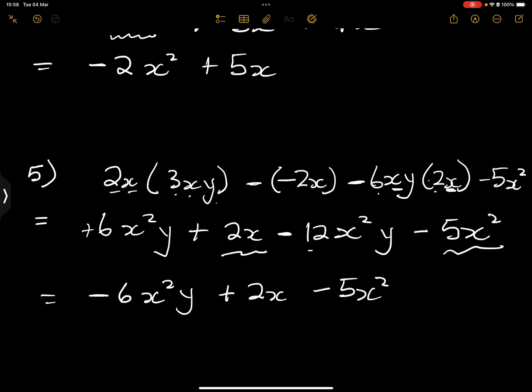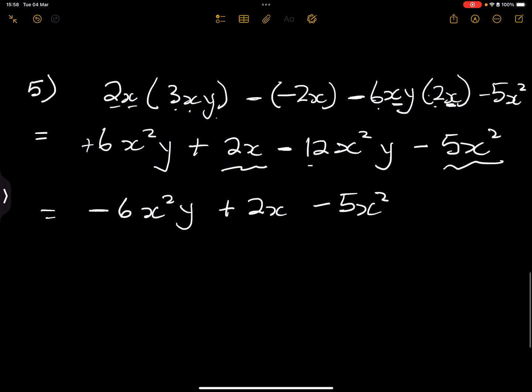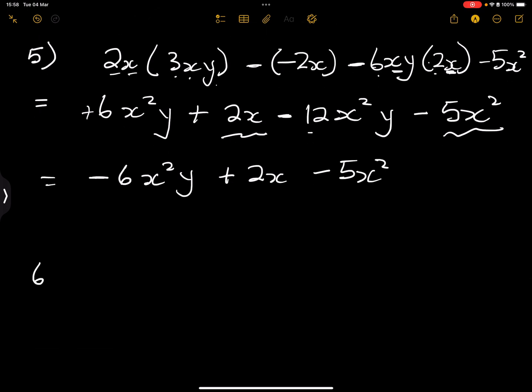Ladies and gents, please practice these as often as you possibly can. We are going to keep on adding more and more of this. But of course, before I leave, I'm going to give you an exercise that you're going to do on your own.